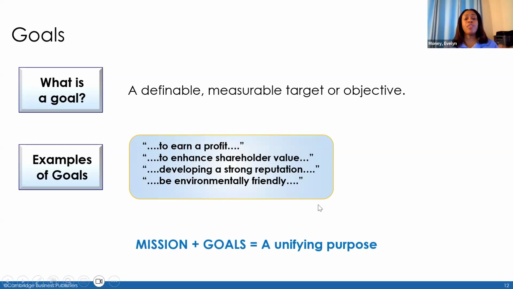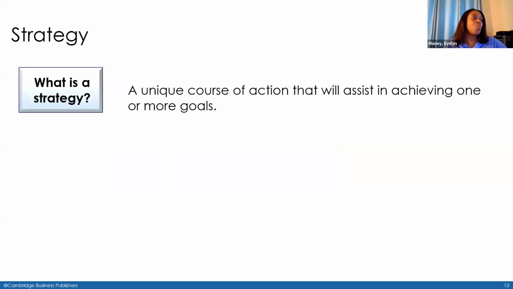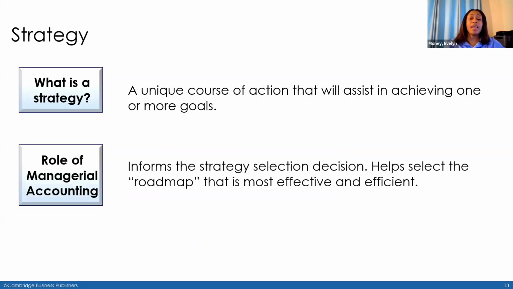So, of course, the mission and the goals work together to present a unifying purpose. The goals, of course, are guided by the mission, and the mission directs the overall activities of the company as a whole. The strategy is the how. So, once I know what I'm going to do and I know I can measure, I know what I want to do, and I have a specific target and how I can measure that target, how will I go about achieving that target?